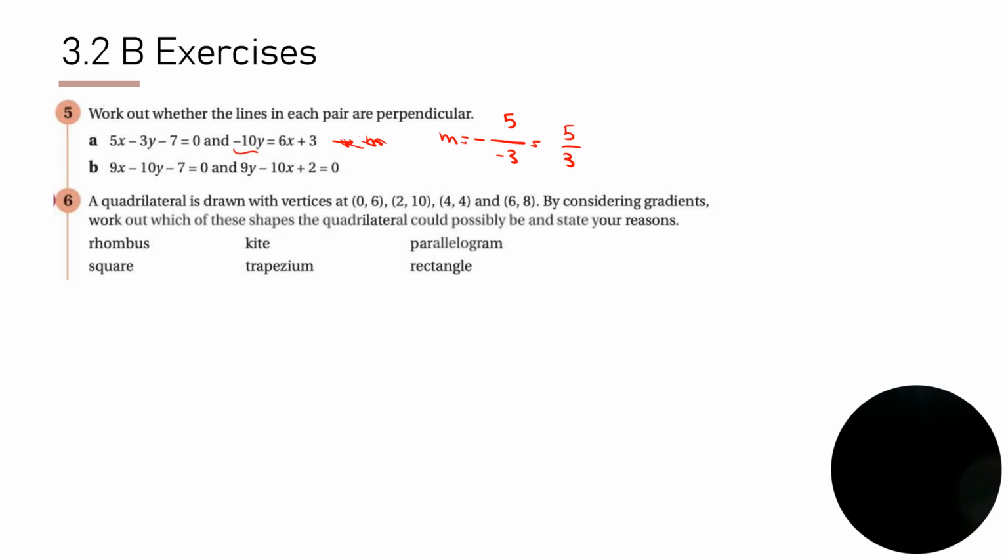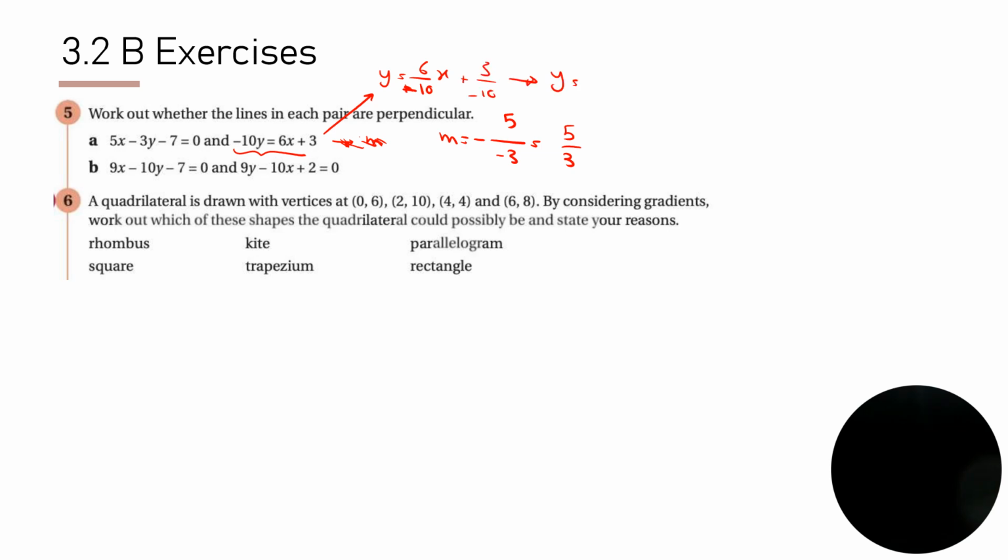On the other side, the second line, negative 10y equals 6x plus 3. It's not in the slope-intercept form. Divide everything by negative 10 to become in the slope-intercept form. So that would be y equals 6 over negative 10 x plus 3 over negative 10.